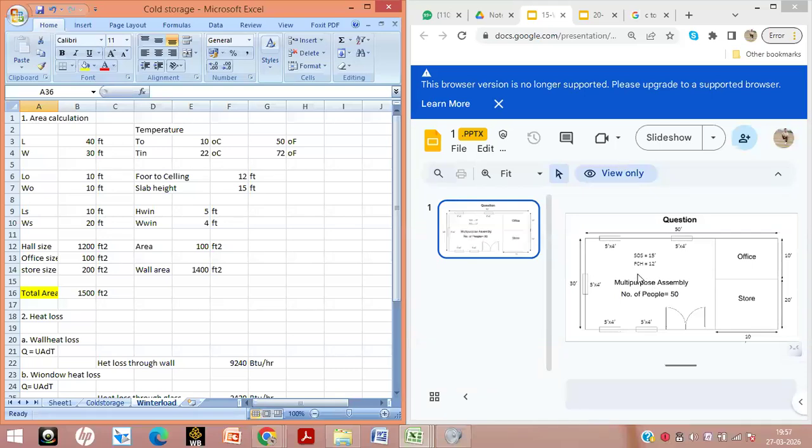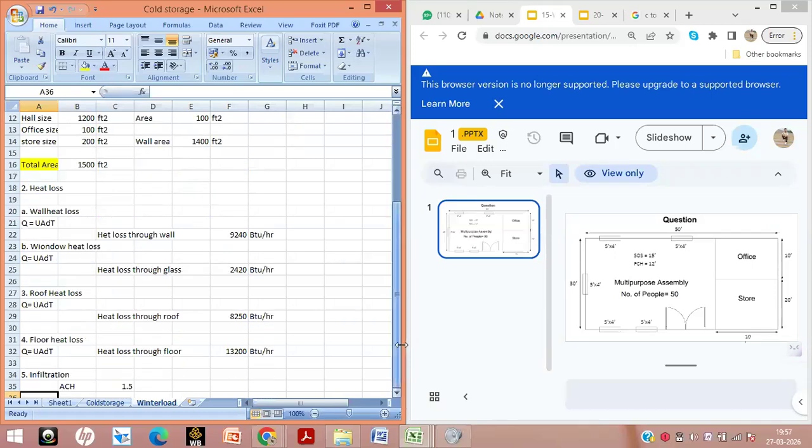We already saw that the floor to ceiling height is 12 feet. So if we multiply height by area, we get the volume. Now we'll calculate the volume.